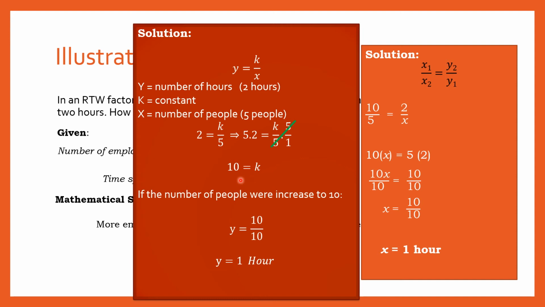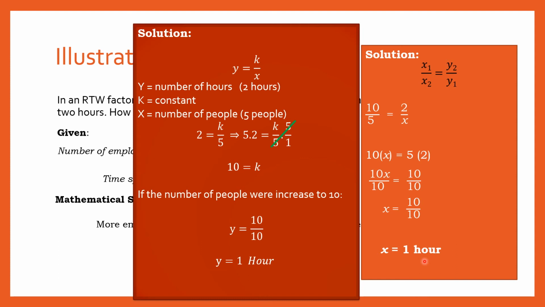Then in the next situation, if the number of people were increased to 10, this will be like this. So y is equal to 10 over 10, because 10 is the k and our x is now 10. So y is equal to 1 hour. So we arrived at the same answer.